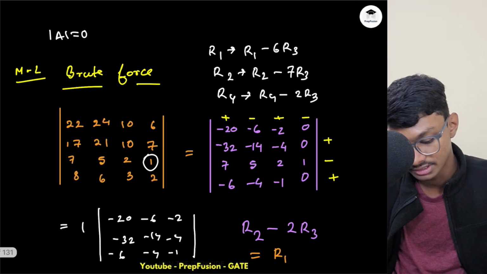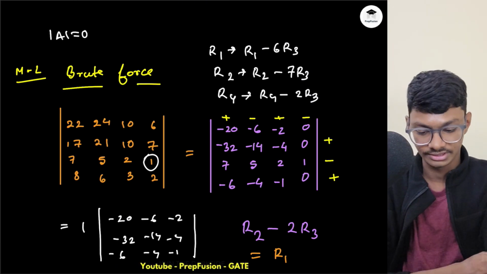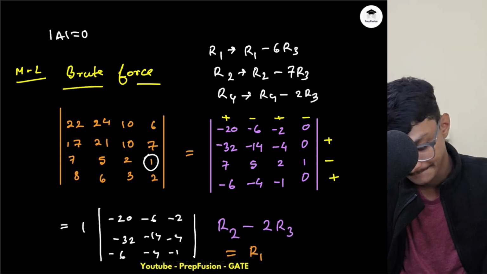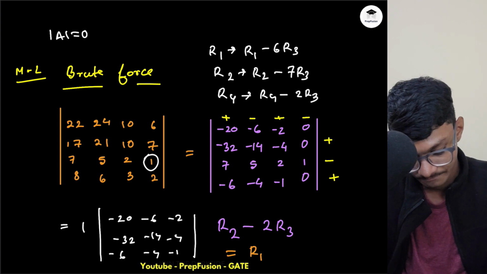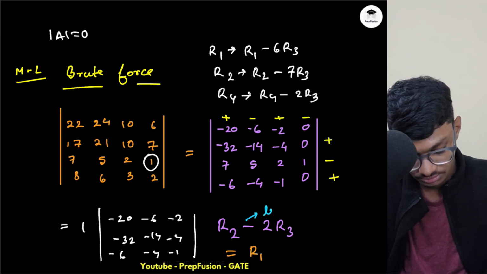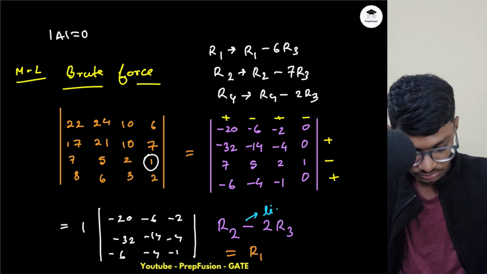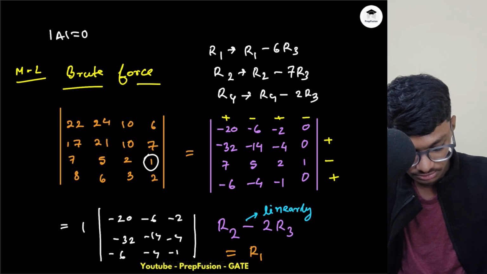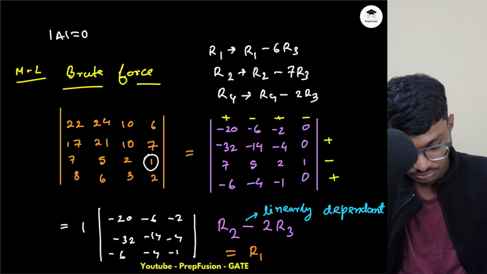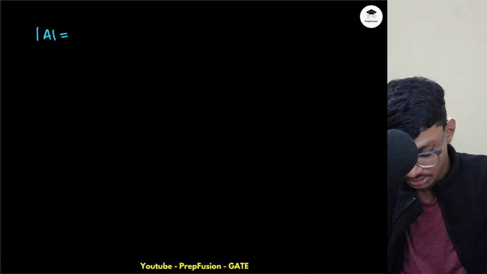So again they are linearly dependent, so you don't even have to do fancy tricks and you can directly find the answer. If they are linearly dependent, we can definitely say the determinant of A will be 0.